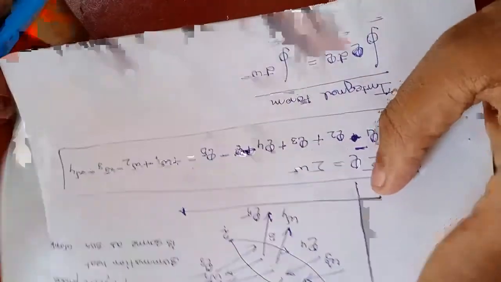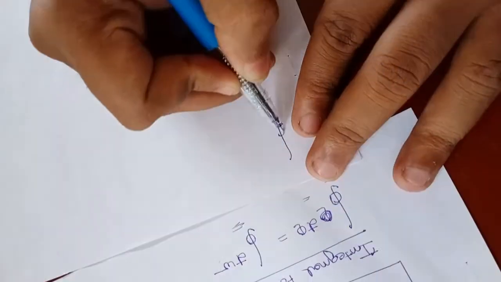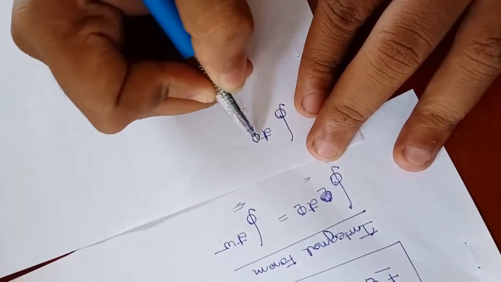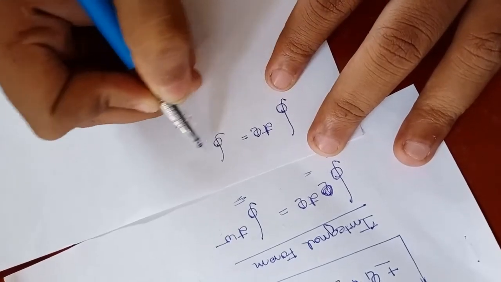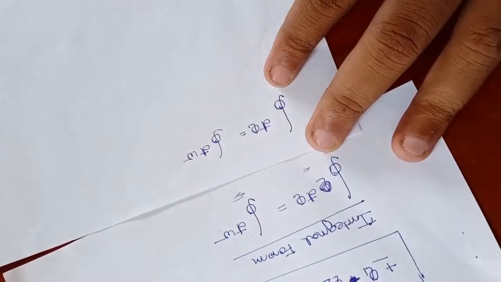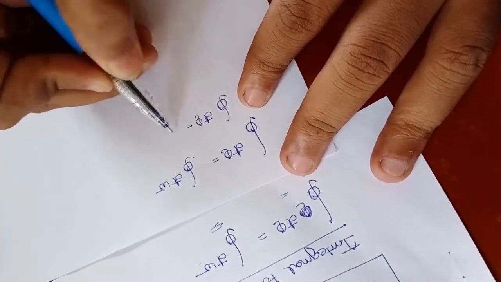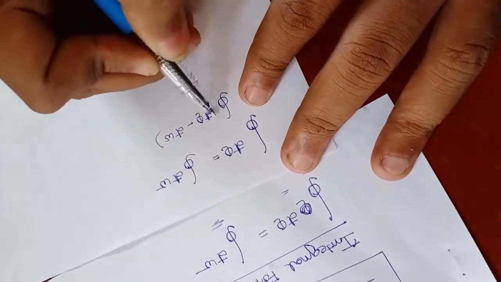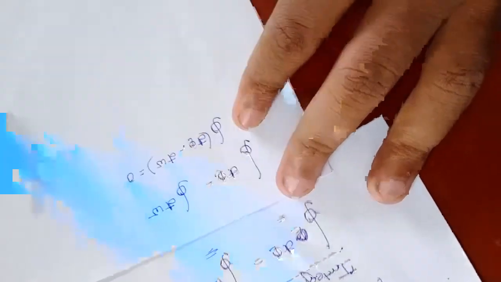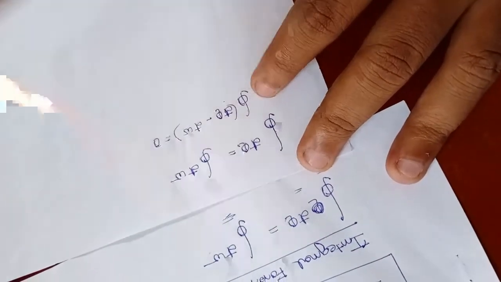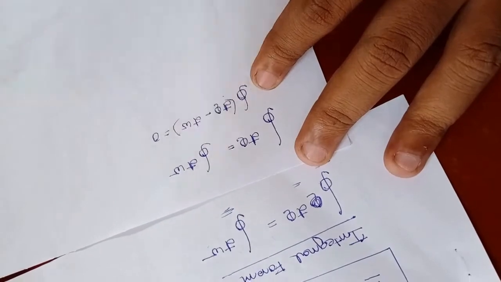This is in terms of integral form. Now we will manipulate this equation. From the cyclic integral, it has been shown that cyclic integral of dq is the same as cyclic integral of dw. So we can say cyclic integral of dq minus dw is equal to 0.